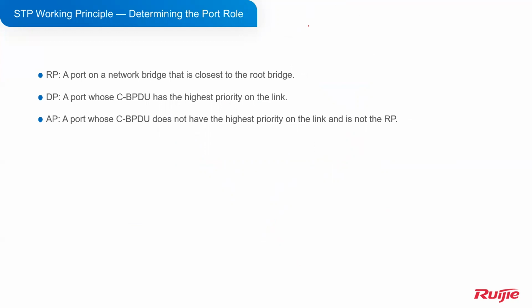Okay, and we have 3 different port roles: RP, DP, AP. The RP is the port on a network bridge that is closest to the root bridge.